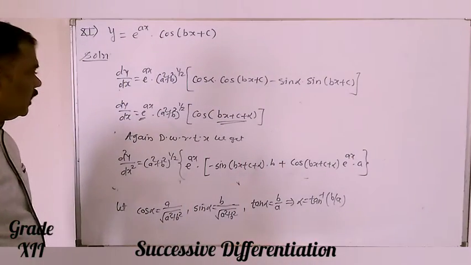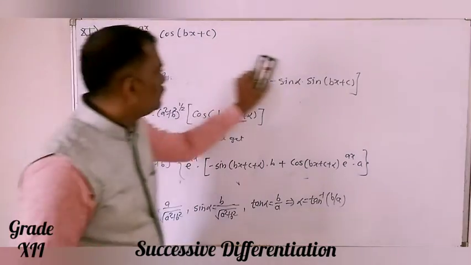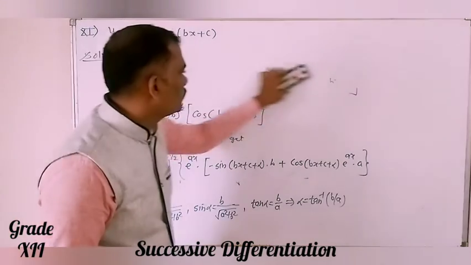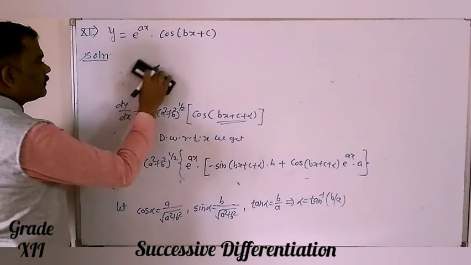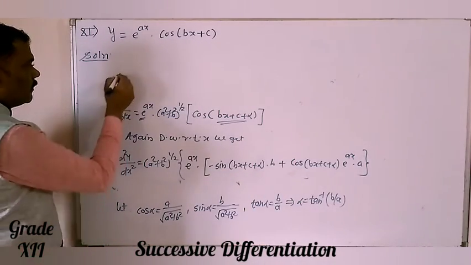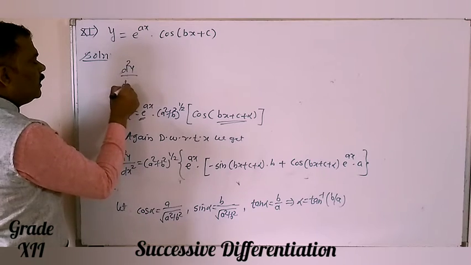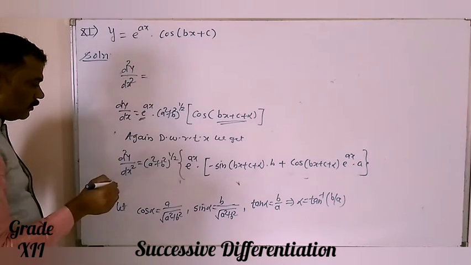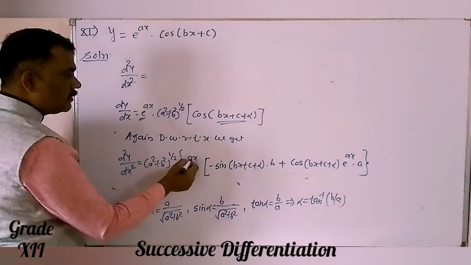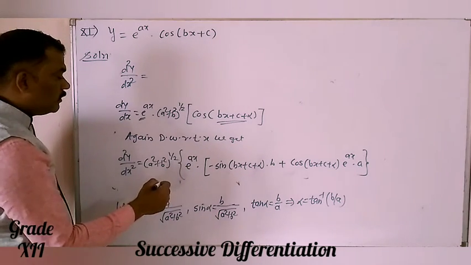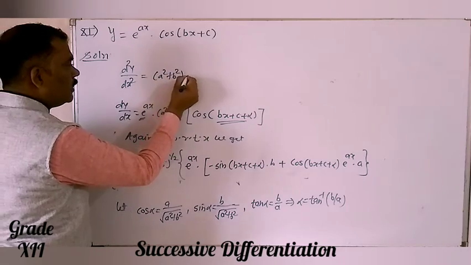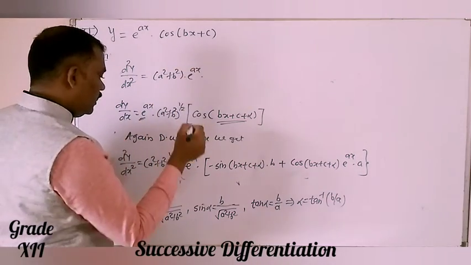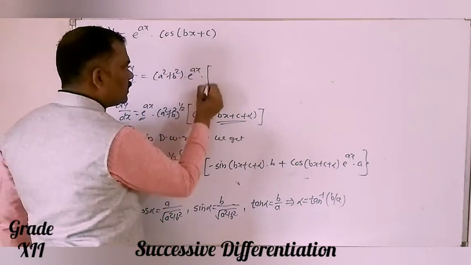Okay, so that we get d2y by dx square is equal to e raised to ax, we have to take the common, so that a square plus b square into e raised to ax into what is the remaining c here.